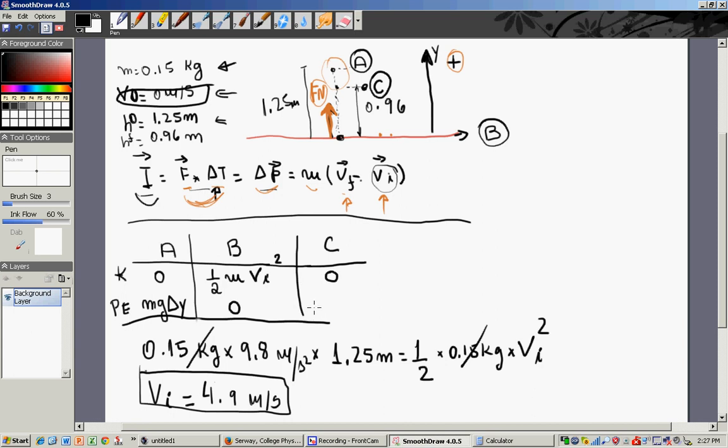Oh yes, I do. It is mg and the vertical displacement at C, right? So 0 is 0 and mgh is 0.15 kilograms times 9.8 meters per second squared, that's the acceleration of gravity, times the height, 0.96.